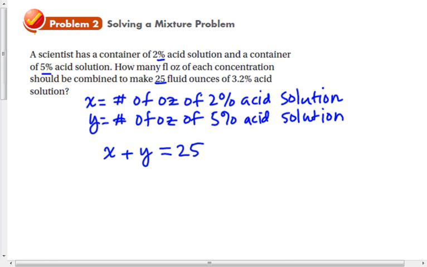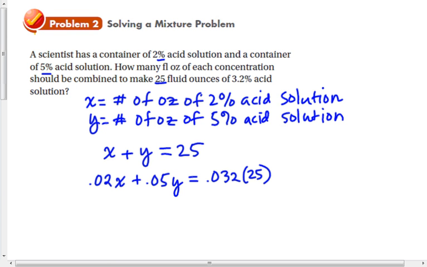So if we take 2% of our 2% solution, plus 5% of our 5% solution, and we add those together, we should get the amount of acid in the whole mixture, which we want to be 3.2%, and 3.2% as a decimal looks like that, but that's 3.2% of the total 25 ounces.